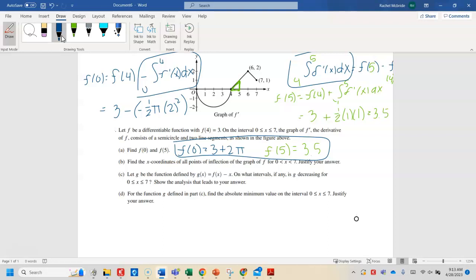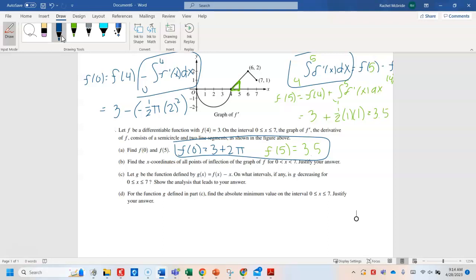Part B, find the x-coordinate of all points of inflection for the graph of f from 0 to 7. Justify your answer. So again, taking into account that this graph represents f prime. So we're living in this column, but I'm trying to identify this.